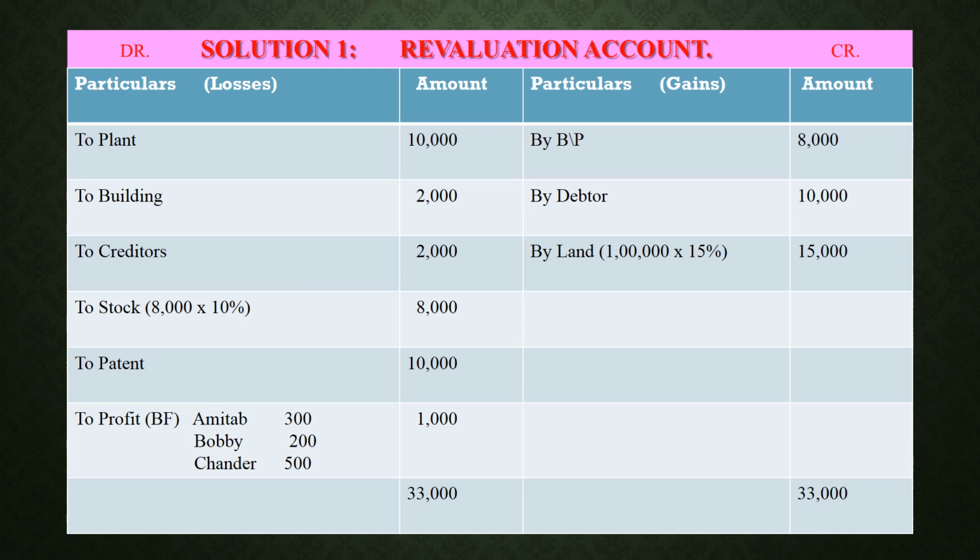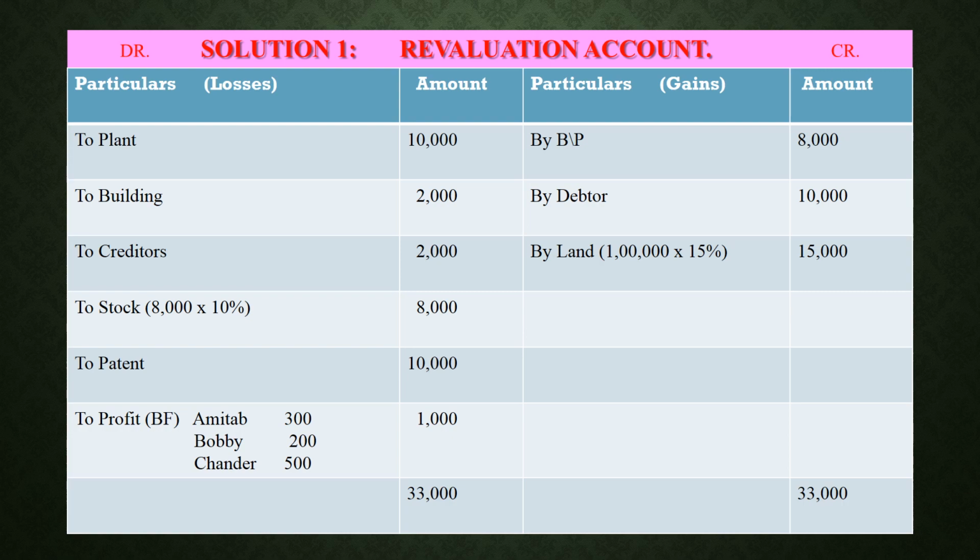Second adjustment is bills payable reduced to rupees 30,000. Balance sheet value of bills payable is 40,000. Bills payable is liability. Liabilities are reducing, that is our benefit. So benefits are credited. This item will appear on the credit side of revaluation account.